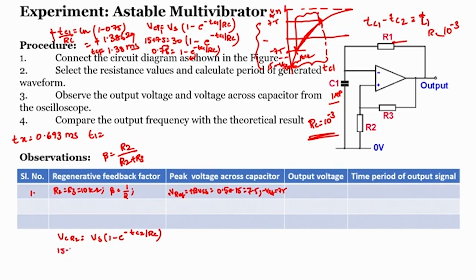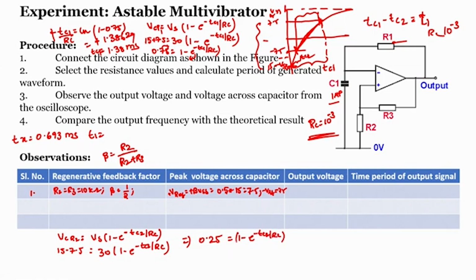So, 15 minus 7.5 is equal to total input voltage we are applying, which is 30, into 1 minus e power minus Tc2 by RC. 15 minus 7.5 is 7.5, right, 7.5 divided by 30, it is nothing but 0.25. So, 0.25 is equal to 1 minus e power minus Tc2 by RC.